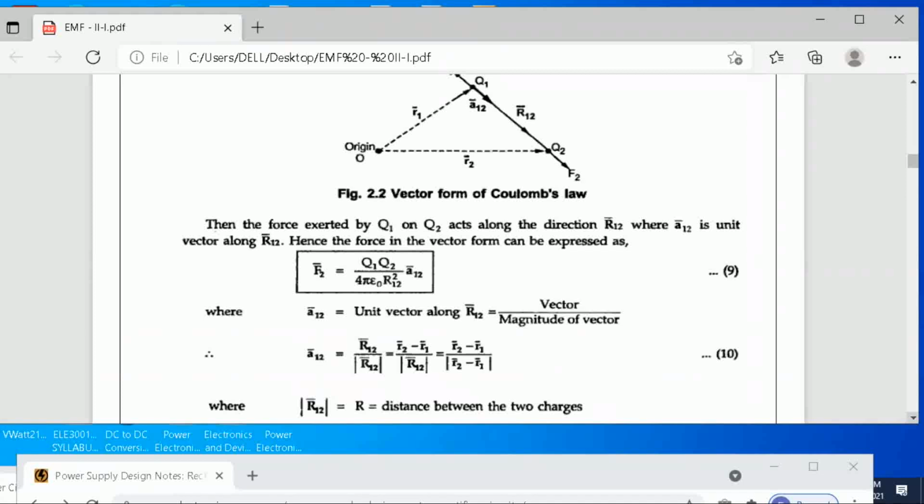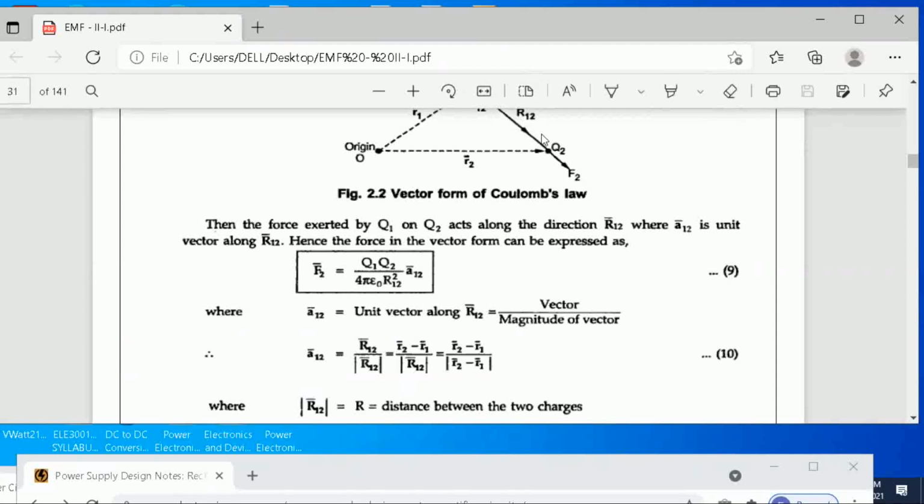So here is the vector R12 over the modulus, which is the magnitude of R12. Vector R12 is vector R, it is the location of R2 minus the location of R1.